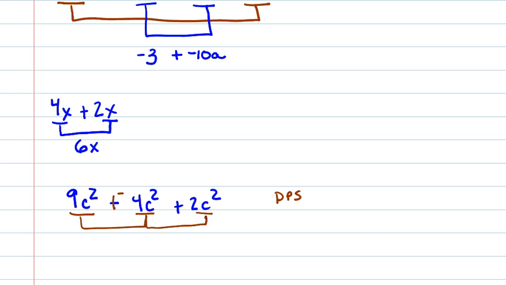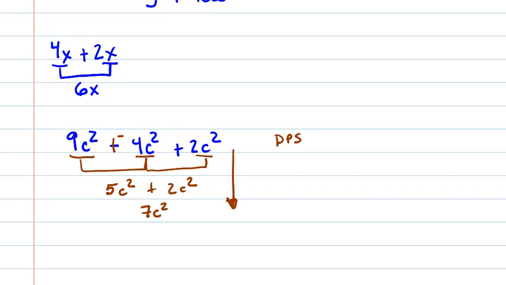So I can add all of these terms together. Let's start with 9c squared and negative 4c squared. I'm going to add my coefficients, which gives me 5c squared plus 2c squared, or 7c squared. Notice how I worked down the page and I added only 2 terms at a time.